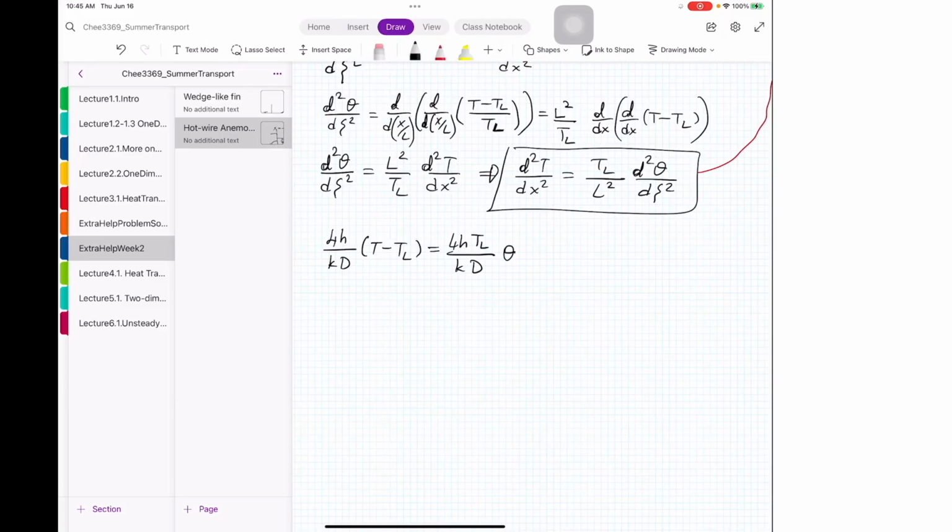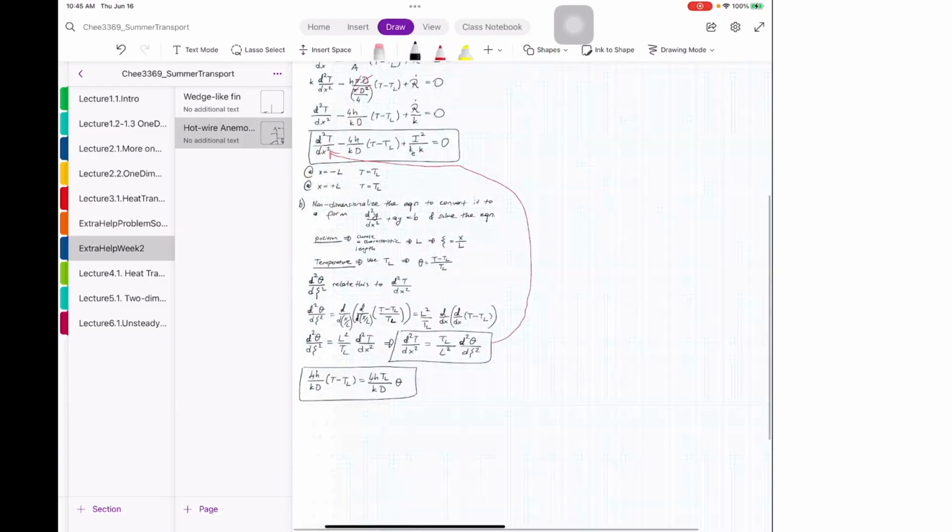Okay. And also note that this thing must be dimensionless. No, sorry, that thing must not be dimensionless. So we're going to see how it's going to convert. Okay, so that's the second one. So we're going to replace the left-hand side by the right-hand side and plug this into this equation.